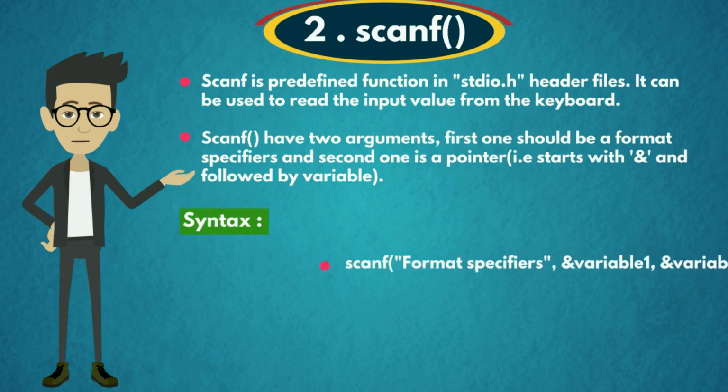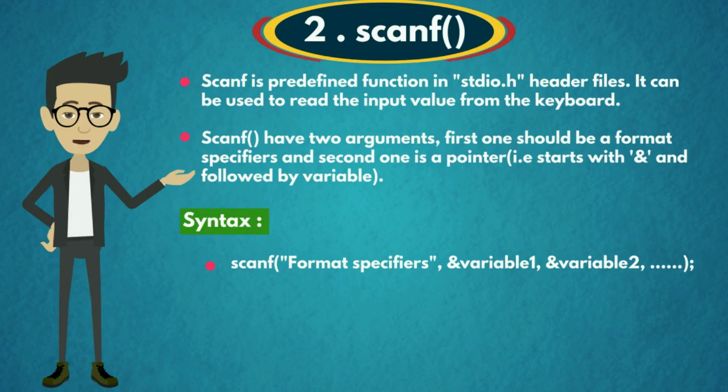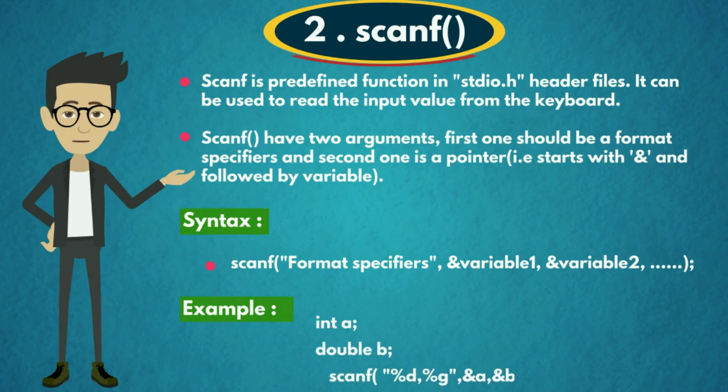The syntax is scanf format specifiers, ampersand variable 1, ampersand variable 2, and so on. Let us now understand it. Int a, double b, scanf %d, %g, ampersand a, ampersand b. This is how the scanf statement is used in a program.